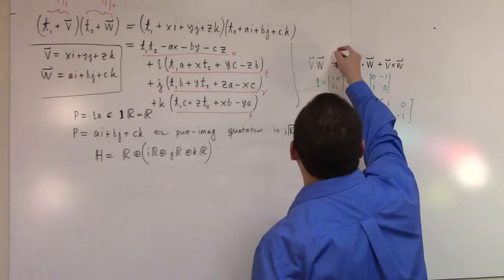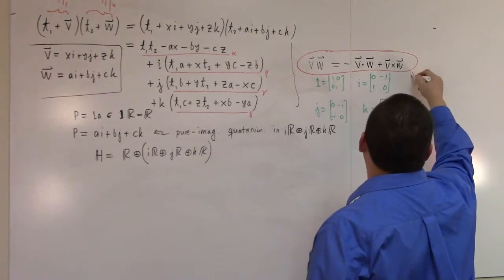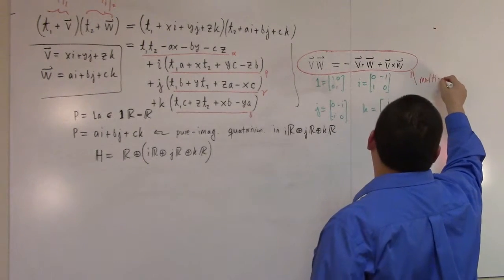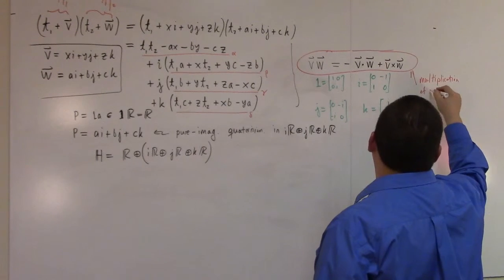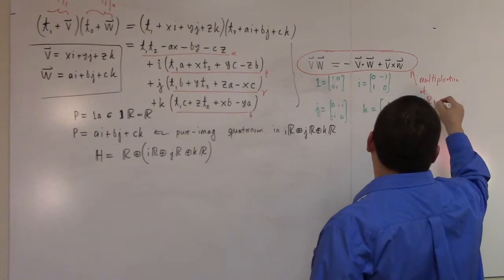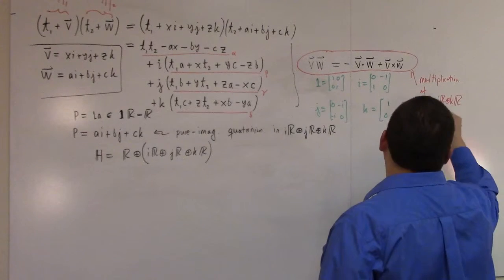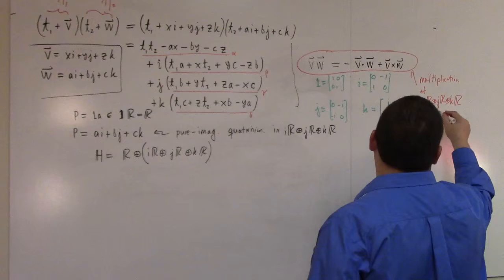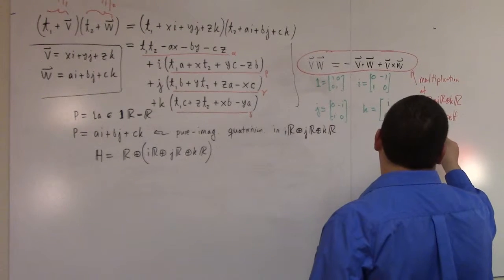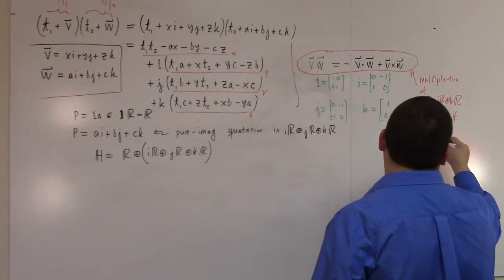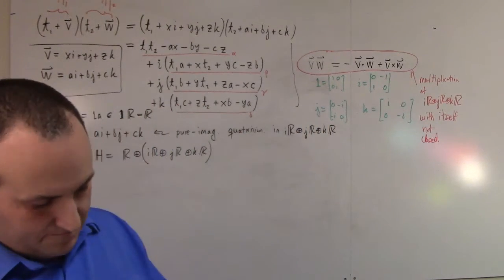But this right here, multiplication of IR plus JR plus KR with itself, is not closed, right? It goes outside the space. You pick up that dot product, right?